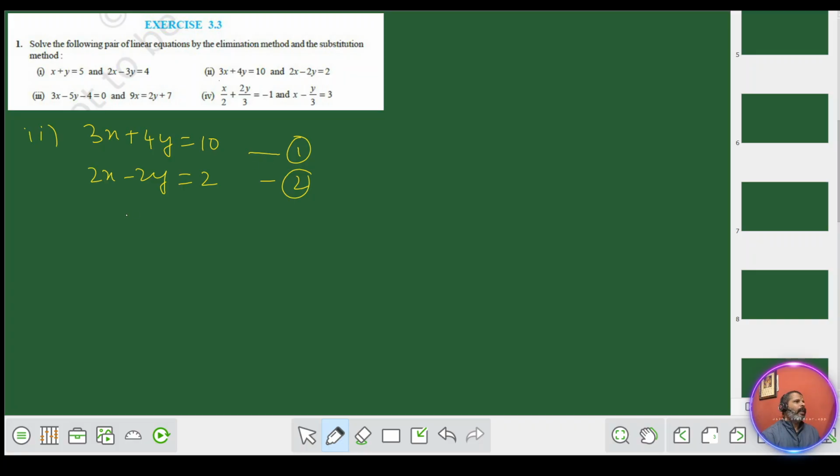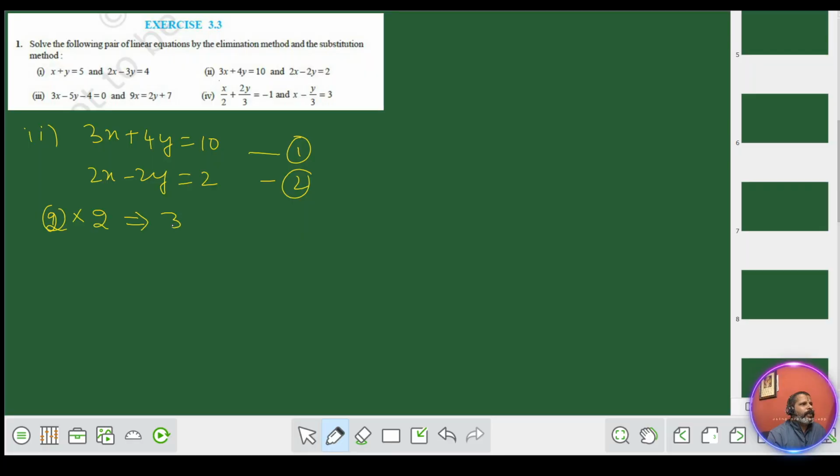Now I'll multiply equation 2 by 2. If I multiply, I'm trying to make the coefficient of y here the same as in the first equation. That is, I'll multiply by 2.